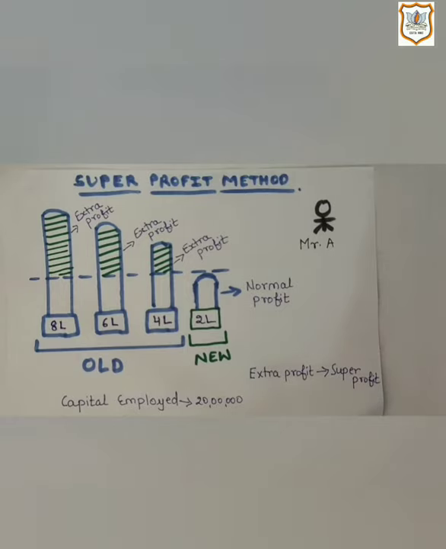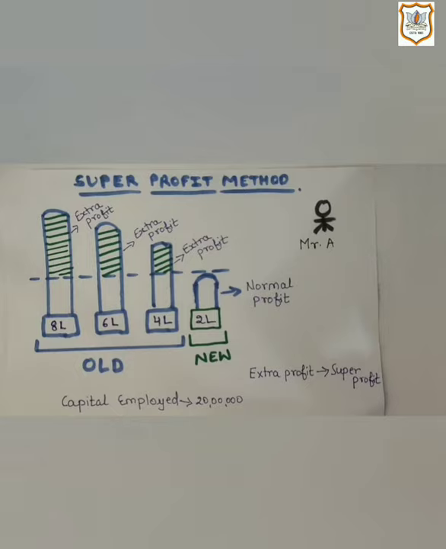Number of years purchased means for how many years in the future this business will be able to earn the super profit. Here in this method, normal rate of return will always be given in the question. Normal rate of return means how much you expect to earn if you invest the capital in the new venture in the same industry. I hope you would have understood this method.